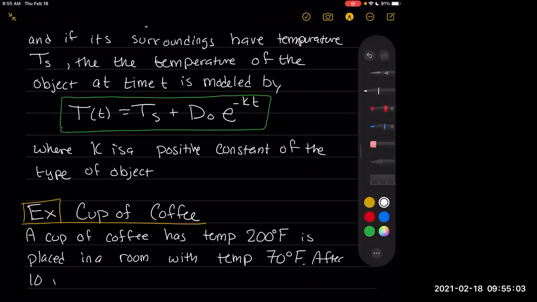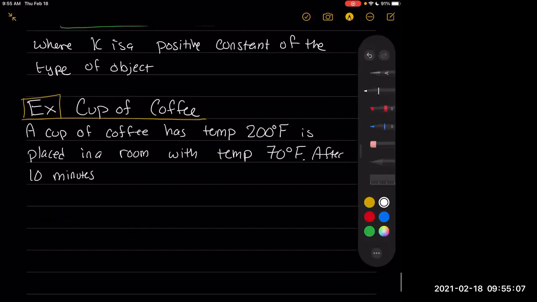After 10 minutes, the temperature of the coffee is 150 degrees Fahrenheit.